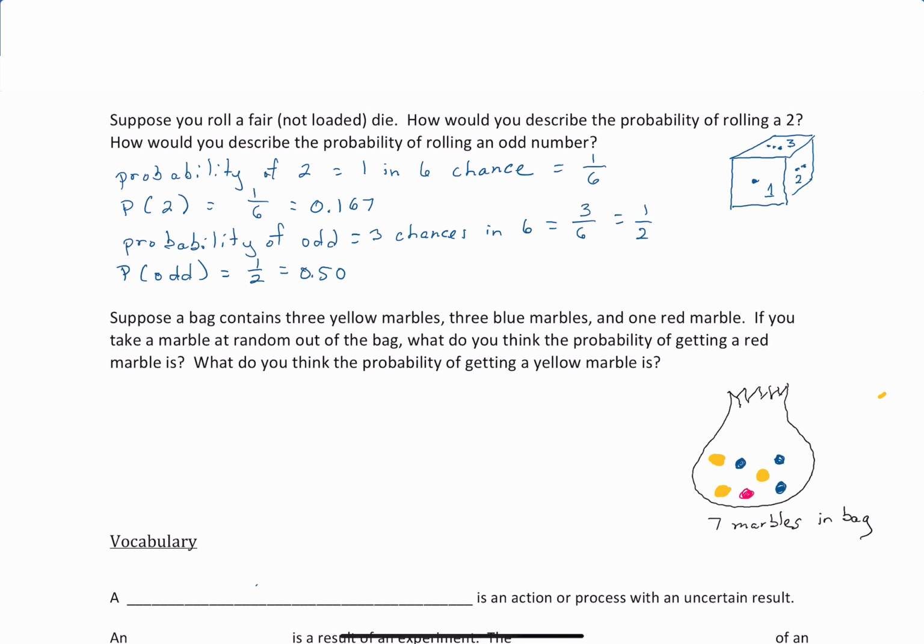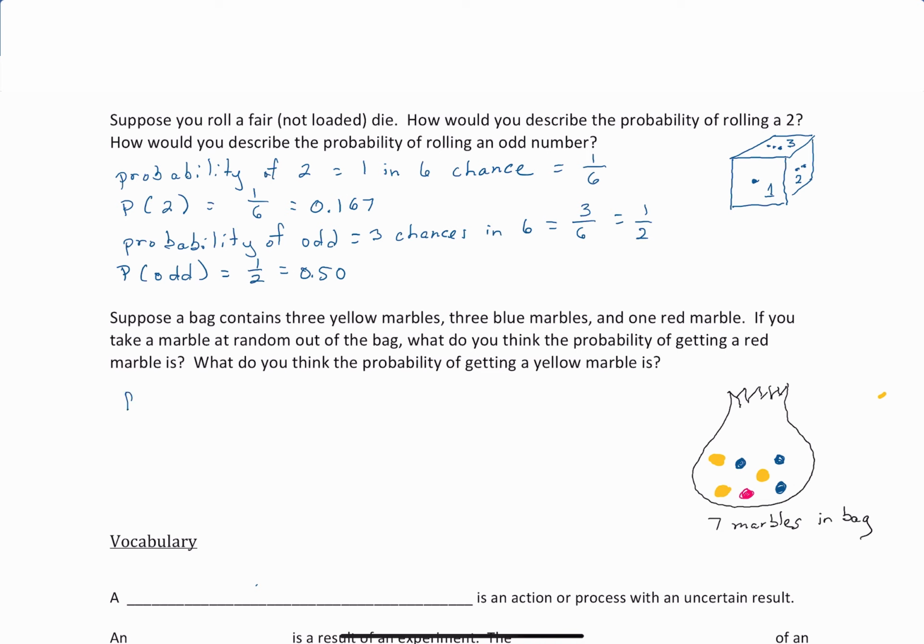Next, let's suppose you have a bag containing 3 yellow marbles, 3 blue marbles, and 1 red marble. So there's 7 marbles in the bag. If you take a marble totally at random out of the bag, what do you think the probability of getting a red marble is?